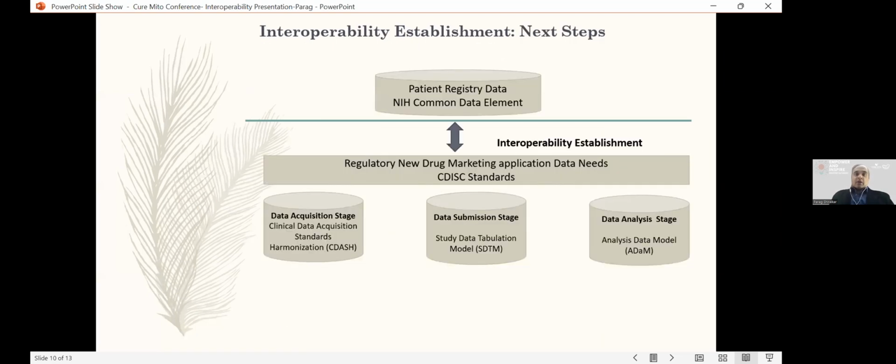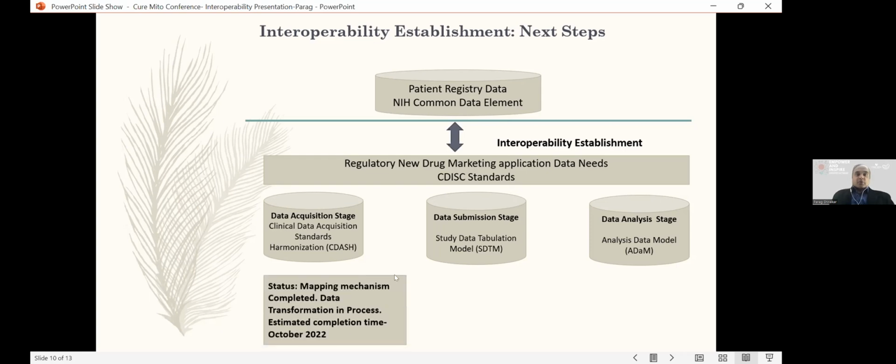And now where we stand and where we are heading with this interoperability establishment, and how it can help accelerate the research using this data. So we talked about 3 stages of data. One is collection, second is tabulation or submission, and third being the analysis.